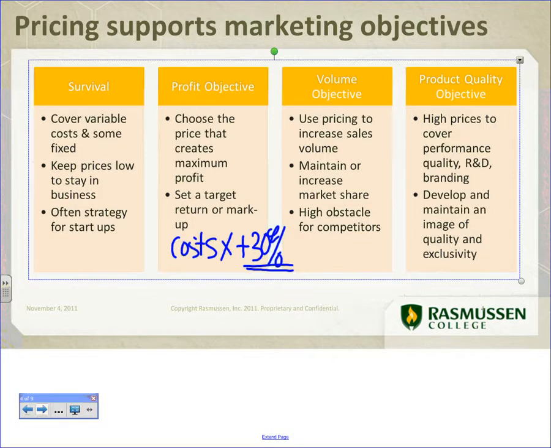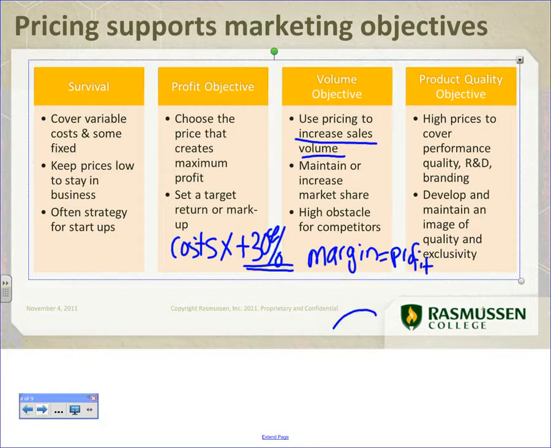And margin is another way to say profit. So they know that overall they're going to make less profit than, for example, on their clothes JCPenney will. However, they know that they can increase their sales volume with their pricing strategy, and since they sell more, they make more.